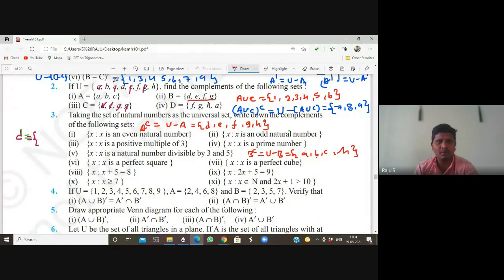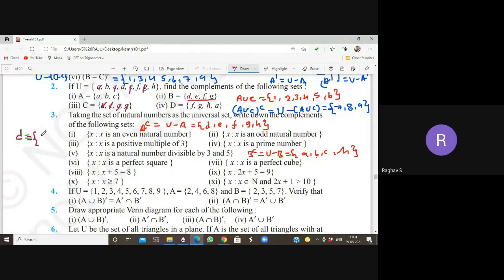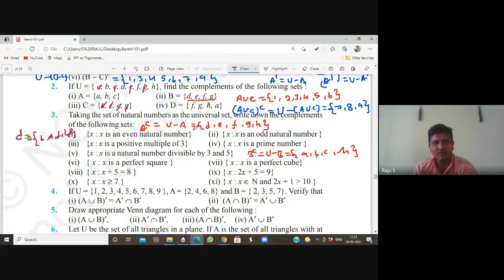What are the remaining elements? B, D, F, H. Is it right, students? C complement is equal to universal minus C. You should write one step after that. Take U minus C, then you can write the answer. Because you have a complete idea, I'm writing directly here.